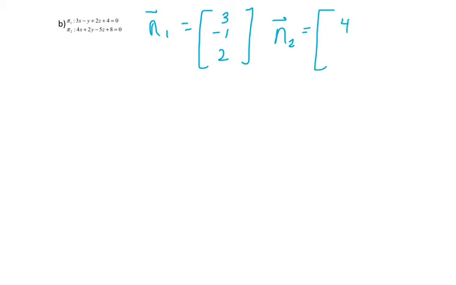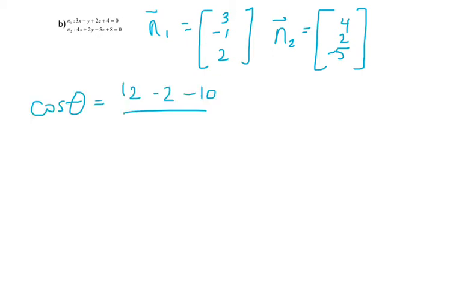All right. N1 is 3, negative 1, 2, N2 is 4, 2, negative 5, and repeat your process. So in repeating your process, maybe you found what I did, that I get 0.